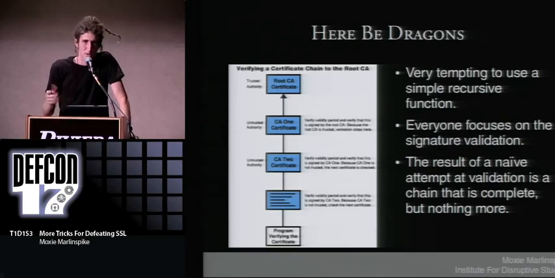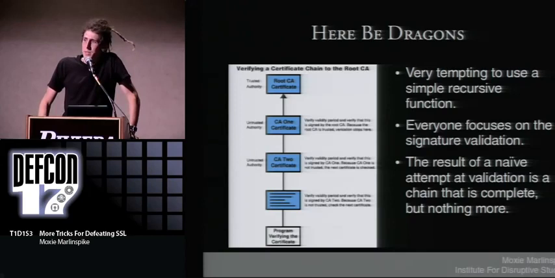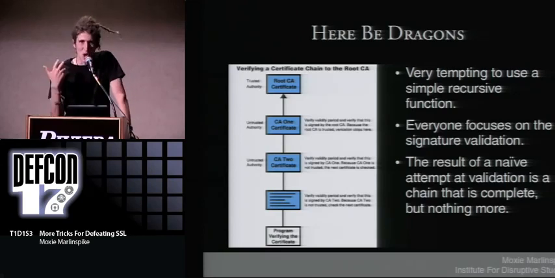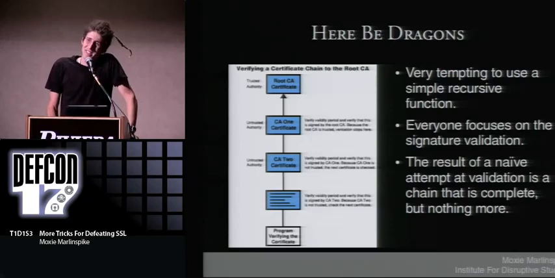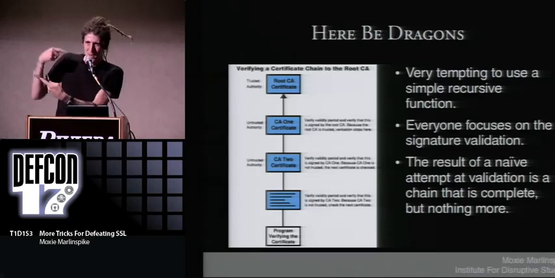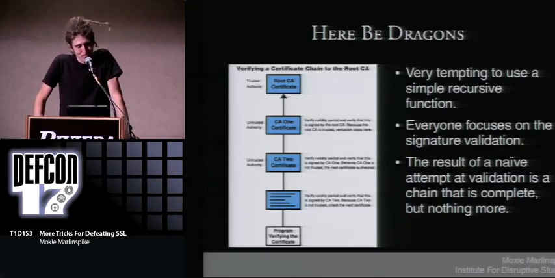And this is a situation where a developer might implement a solution and think, man, I used recursion today, and it was awesome, it was like the same function calling itself over. But the result of a naive recursive attempt at validation is that you will ensure that a certificate chain is complete, but nothing more.